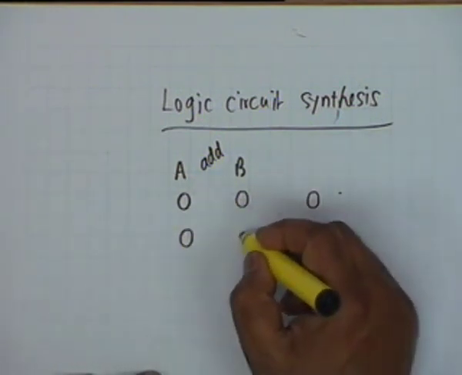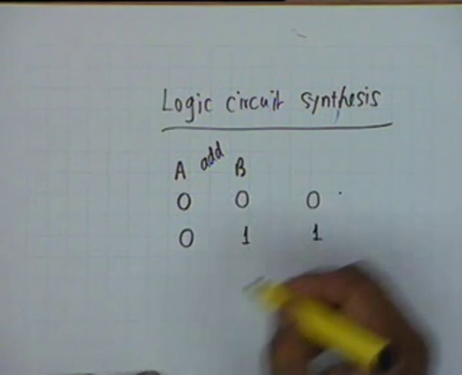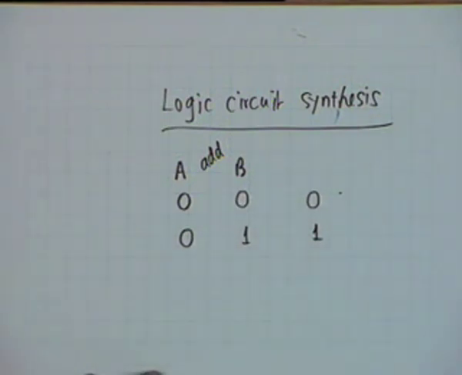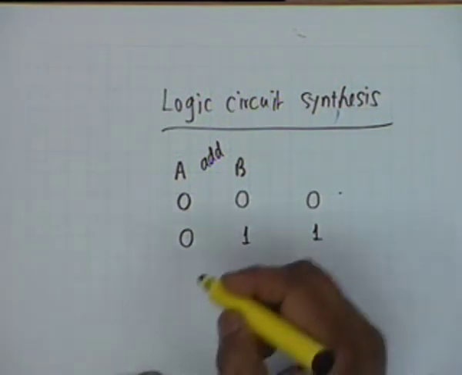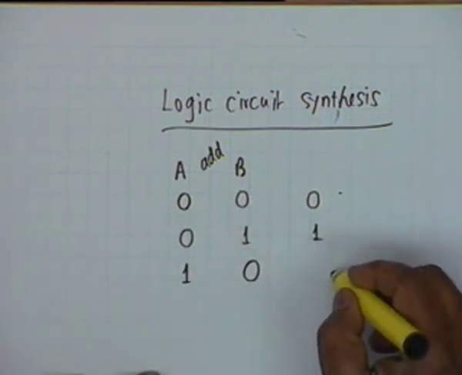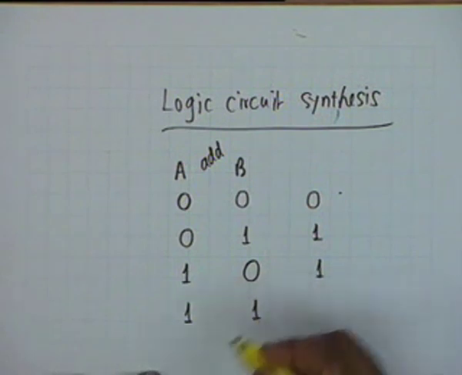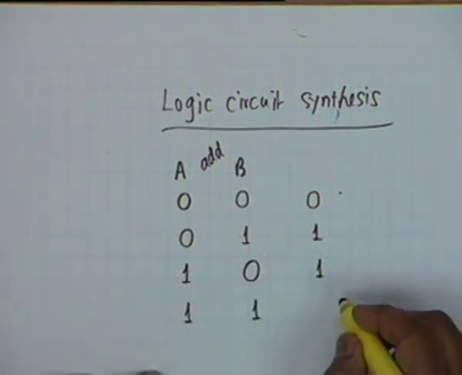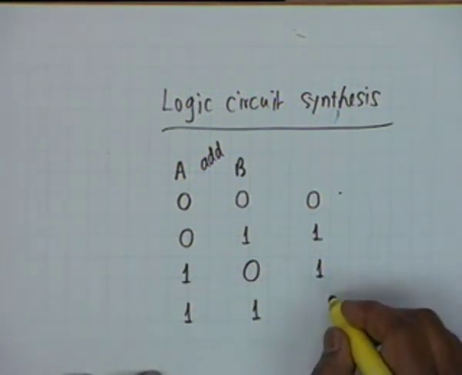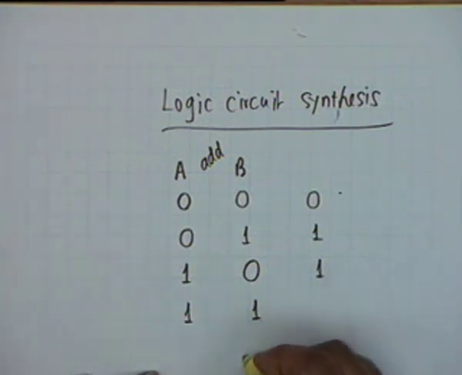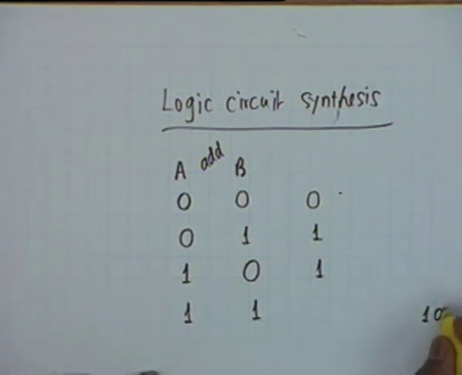When you add 0 and 1, the result is 1. When you add 1 and 0, once again the result is 1. But when you add 1 and 1, 1, 0. So the sum is 0, and this one is a carry.